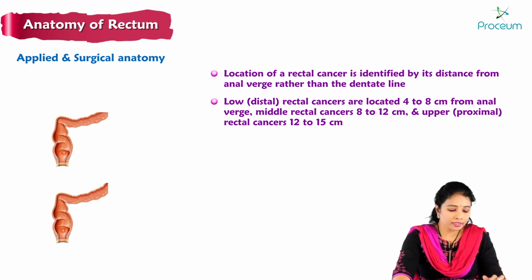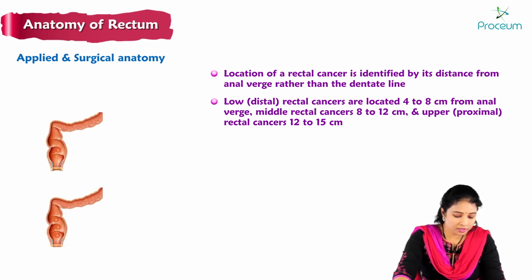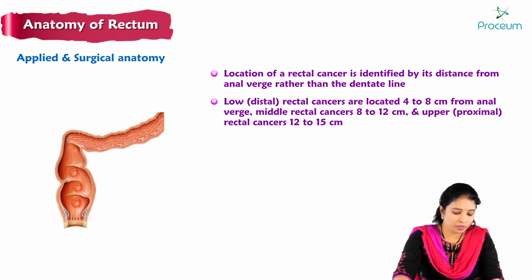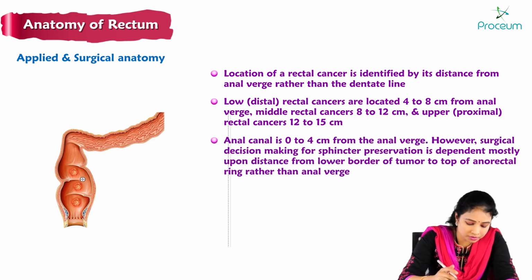So here are the middle rectal lesions, and we can see middle, lower and upper in this image. Upper rectal cancers or proximal rectal cancers are usually 12 to 15 centimeters above the anal verge.